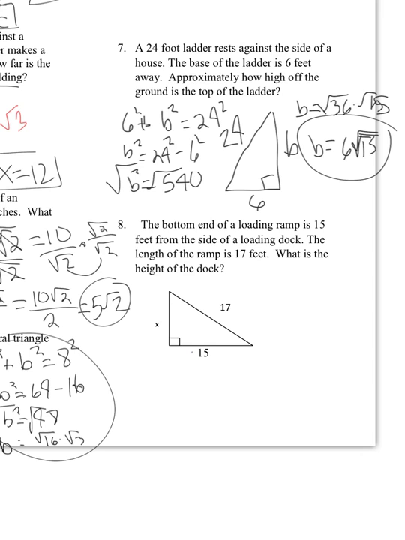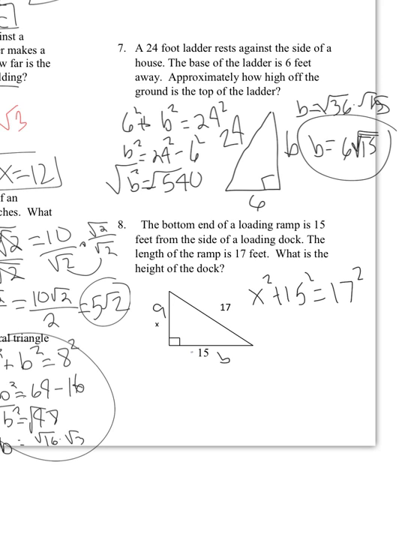All right, last problem on this page. The bottom of a loading ramp is 15 feet from the side of a loading dock. The length of the ramp is 17 feet. What is the height? So, a little word problem, but just a really simple Pythagorean theorem. A squared plus b squared equals c squared.